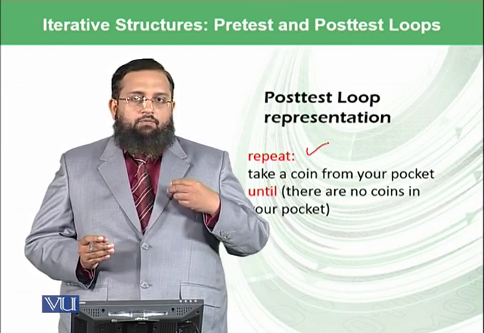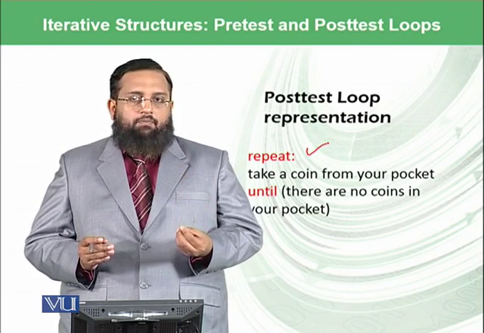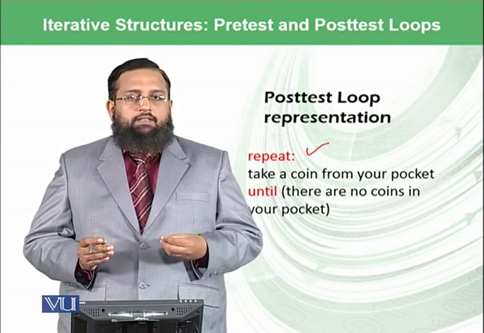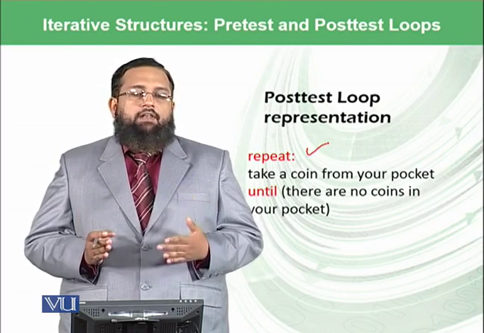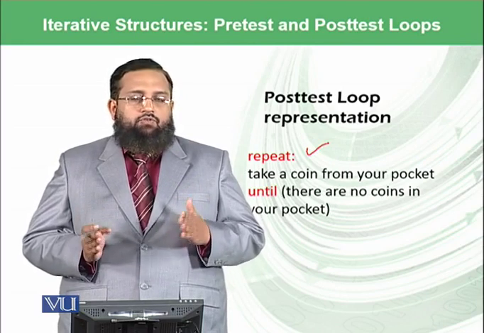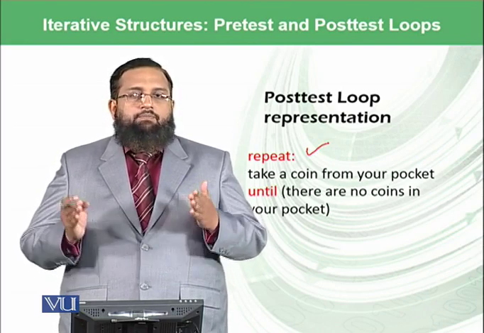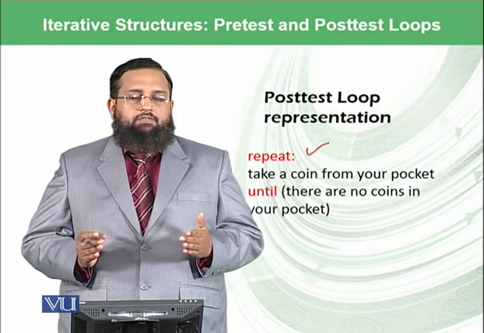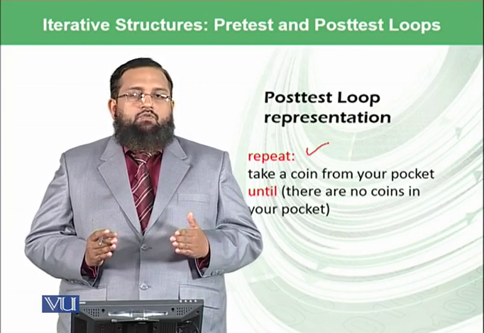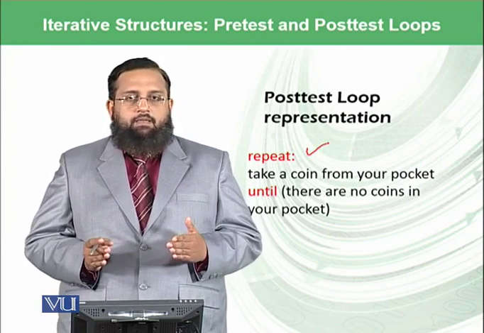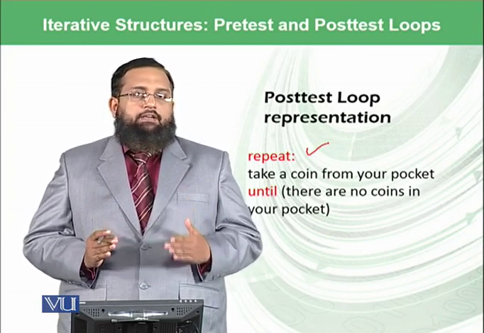First of all we take the first coin from the pocket, assuming in this loop that there is at least one coin available in the pocket. This means such a loop can be used where we know it should execute at least once and then check the condition.